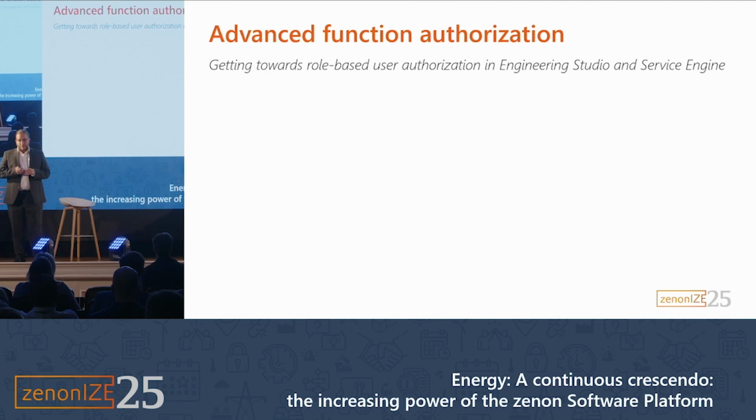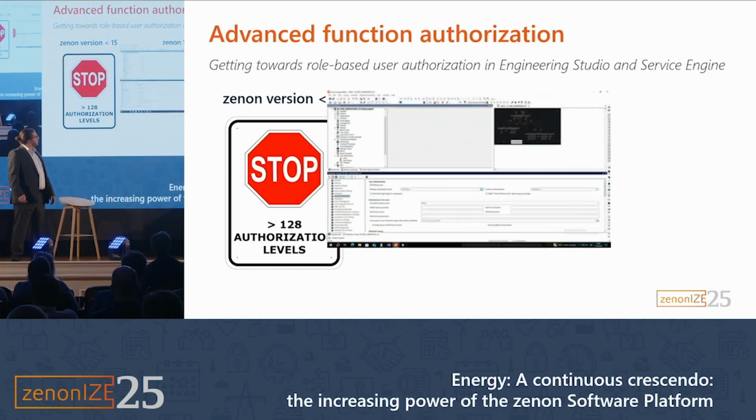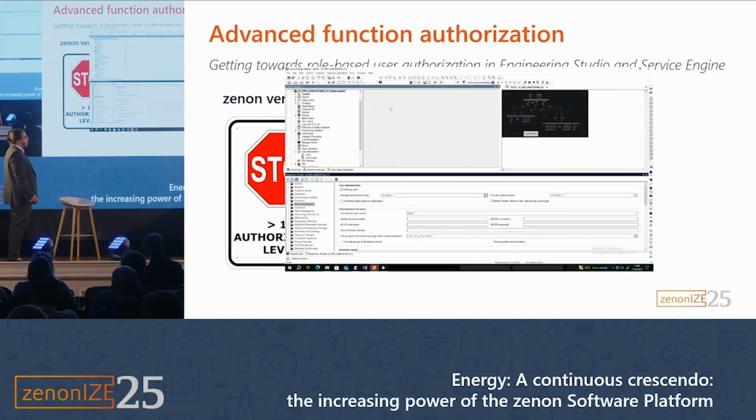For Xenon versions up to Xenon 14, so less than Xenon 15, it was possible to use 128 predefined authorization levels. As you can imagine, in a more flexible and dynamic world, this is a barrier, and we don't really like barriers. So this is a barrier that needed to fall. And what we did with Xenon 15 is to make this whole thing more dynamic.